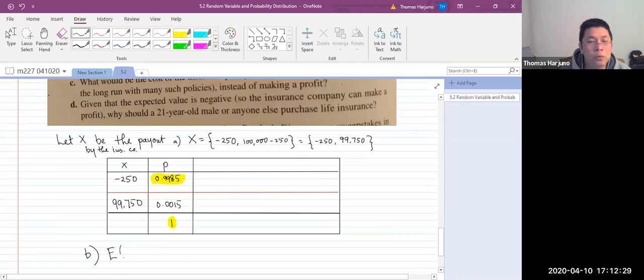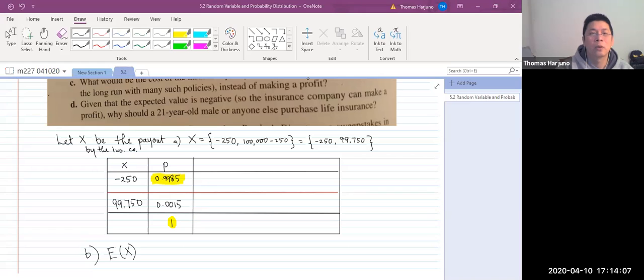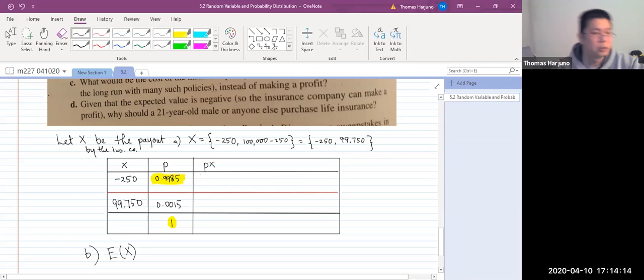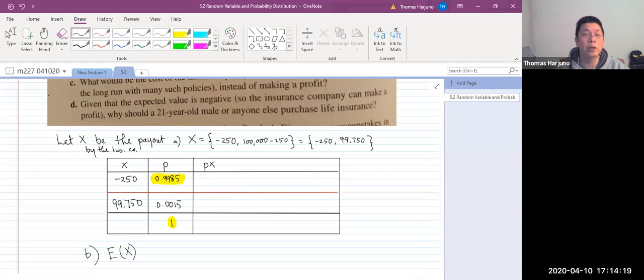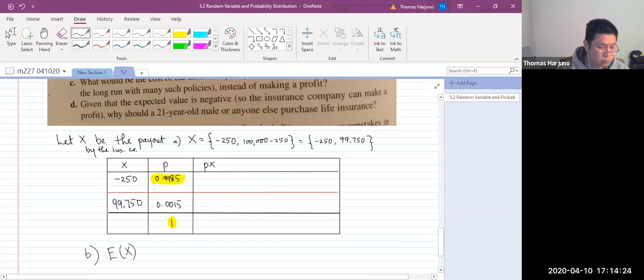Now, let me give you 1 or 2 minutes to compute the expected value. Okay, let me start. Probability multiplied by the outcome here, negative 250 times 0.9985. I get negative 249.625.